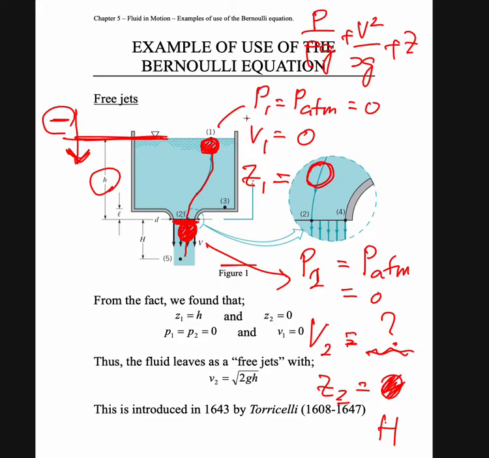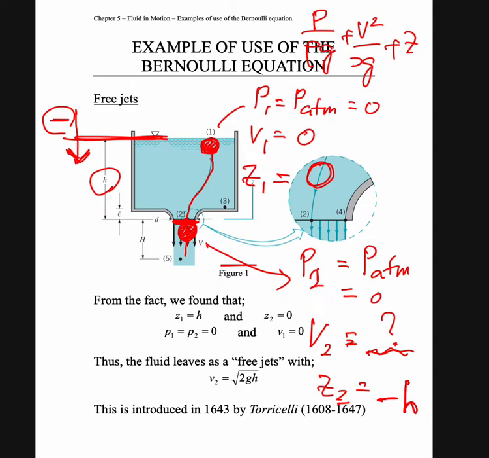And for Z2 here, because it is at this point, we need to mention it as negative H. Because the value is H, but it is below the datum, we give a minus sign for H.